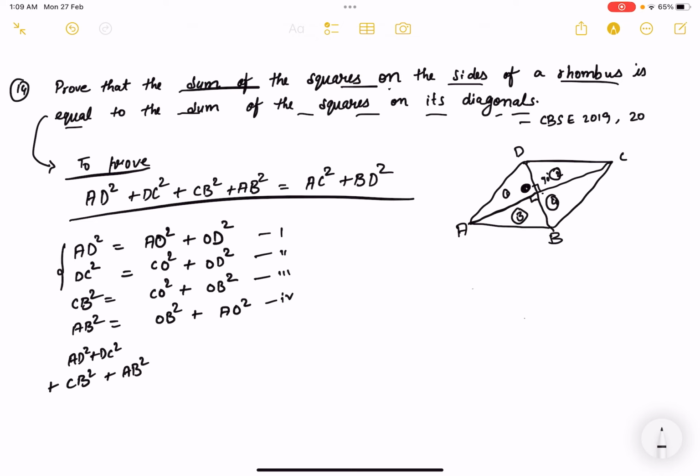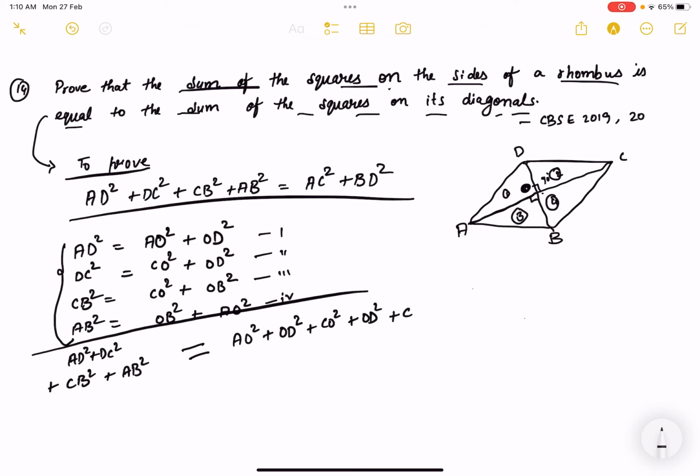This is the left hand side addition, equal to adding all the RHS: AO square plus OD square, plus CO square plus OD square, then again plus CO square plus OB square, and again OB square plus AO square.